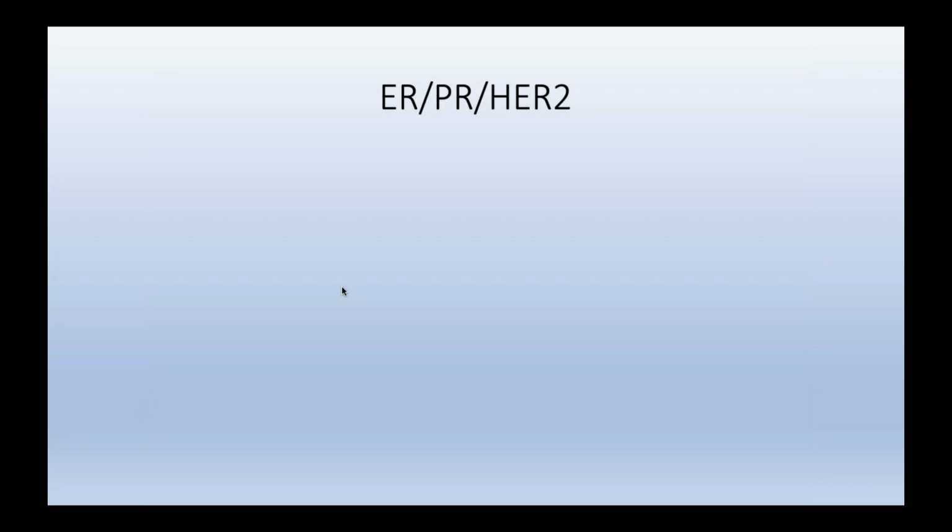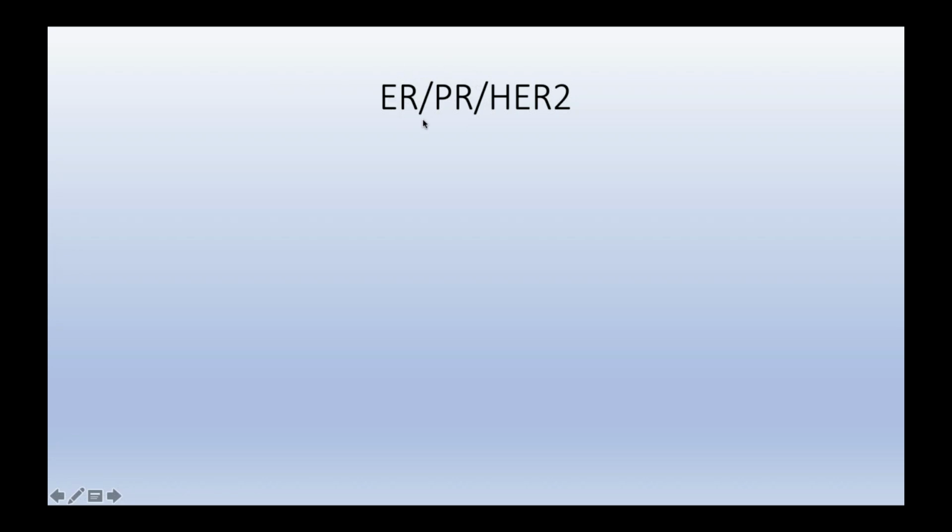The other major thing that we assess on all new cancer diagnoses is the status of its estrogen, that's ER, estrogen receptor, progesterone receptor. So those are the hormone receptors. This is assessing, is the tumor ER positive?